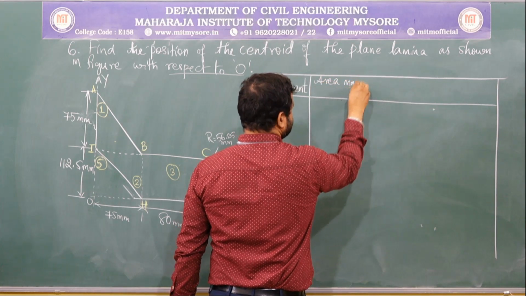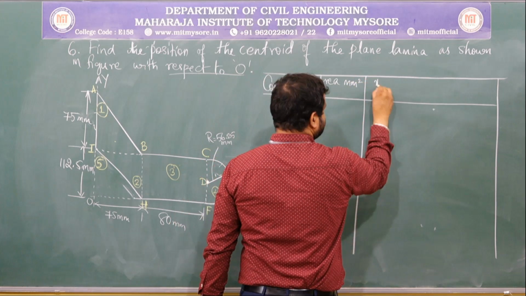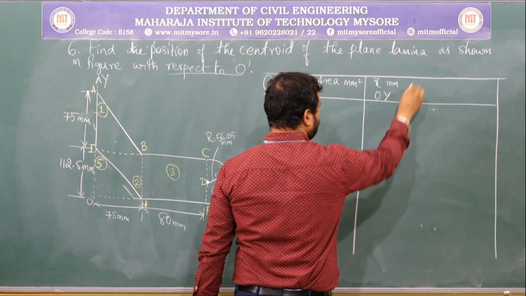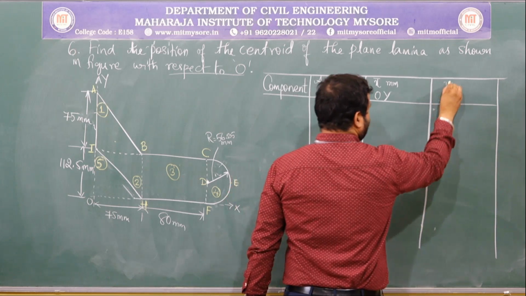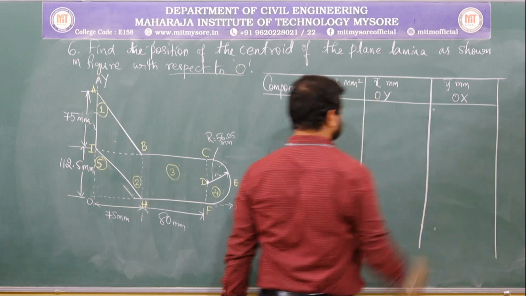So, component, area in mm square, x bar in mm with respect to OY axis, y bar with respect to OX axis.